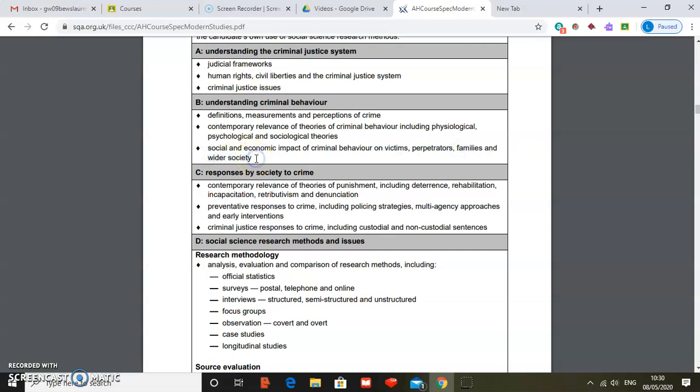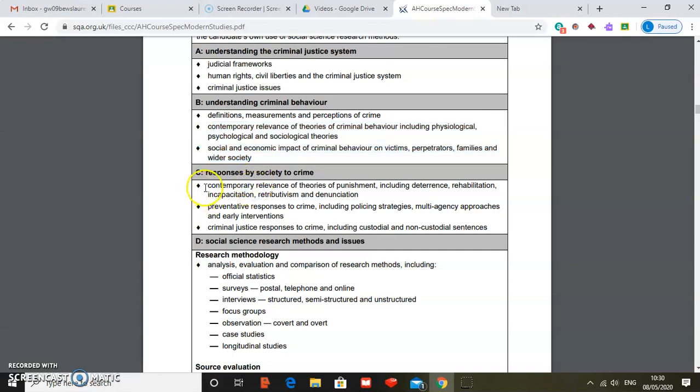But we'll come into that when we look at that impact part. And the wider society is obviously local communities, the country itself, and internationally as well. So that is your two questions that you could potentially be asked for one of the bits in the exam. So it's either causes of crime or impacts of crime.